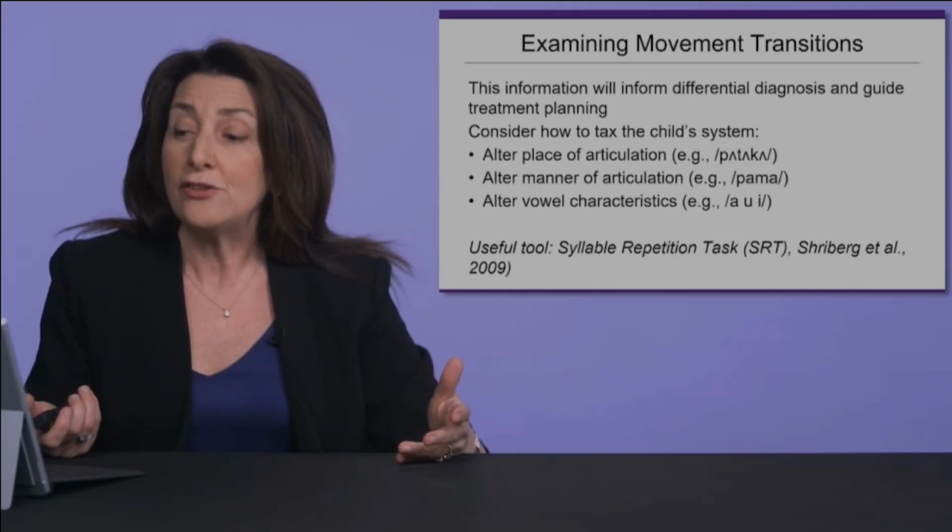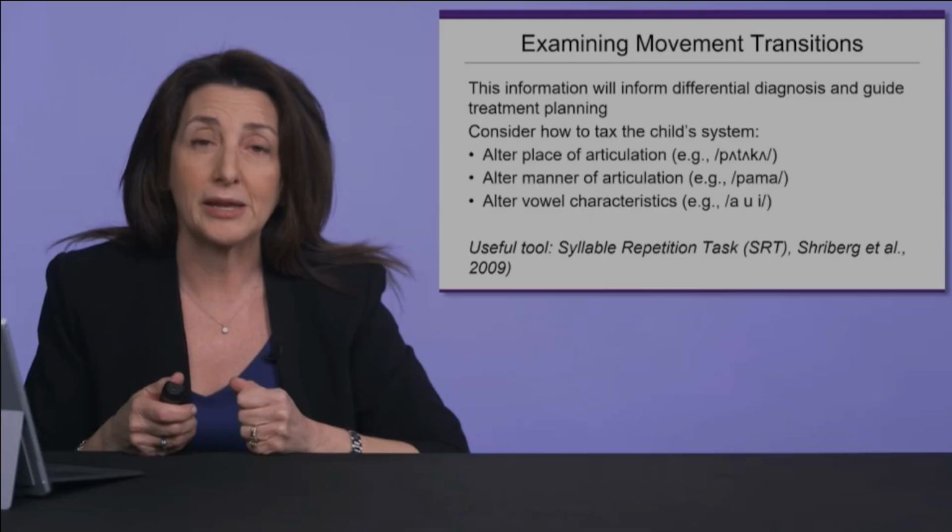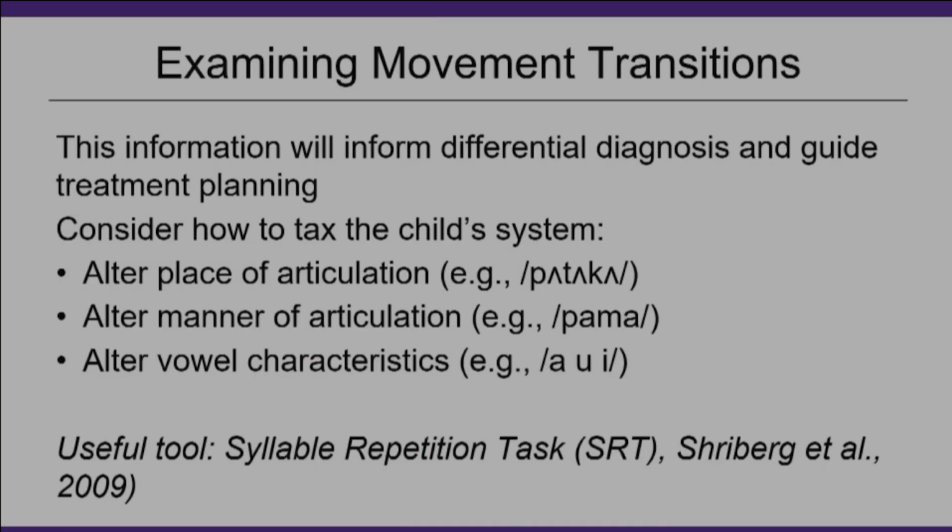So this information will help differential diagnosis and guide treatment planning. And as we're looking at movement transitions, we want to think about how we might be taxing the child's system. Taxing the system simply means that we are pushing the child beyond what they might naturally give us. Recall that I've said that children with limited verbal output might not give us a lot.